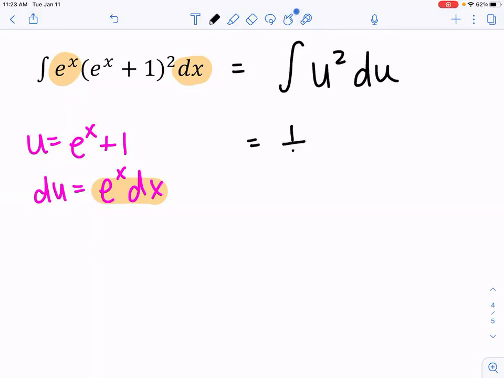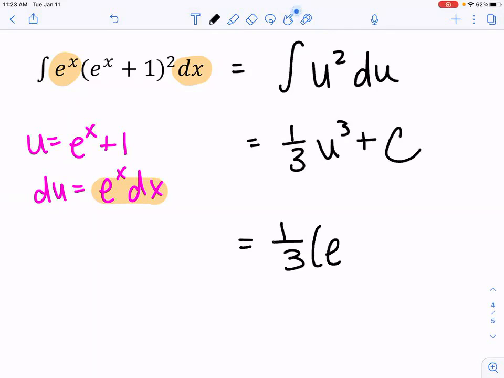So we have 1/3 u cubed plus c, or 1/3 e to the x plus 1, the quantity cubed, plus c.